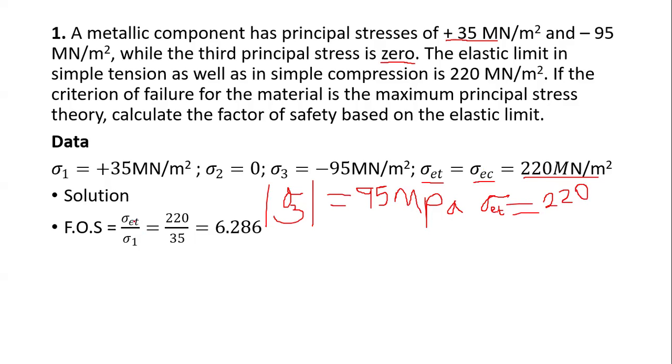So here, factor of safety, we pick the elastic limit stress divided by this principal stress. So we have 220 divided by 35. What do we have? We have 6.286. And remember, we're looking for the factor of safety.